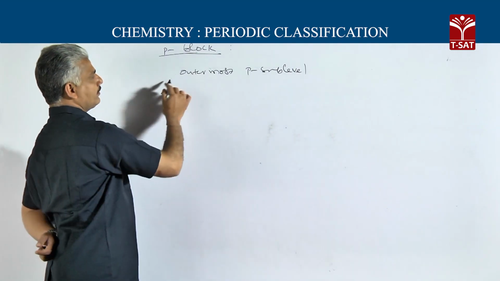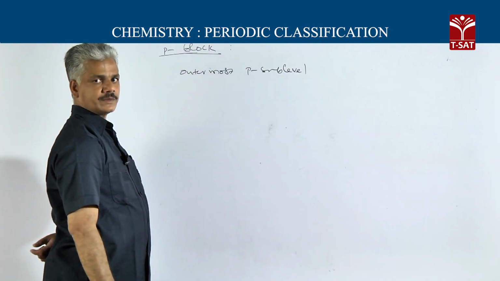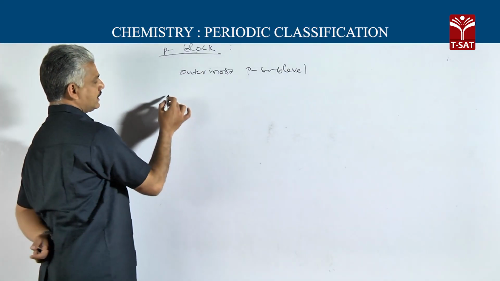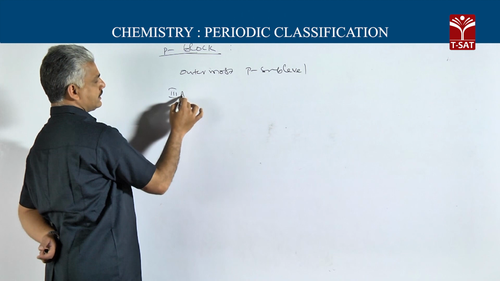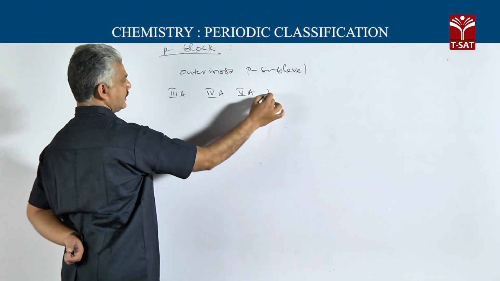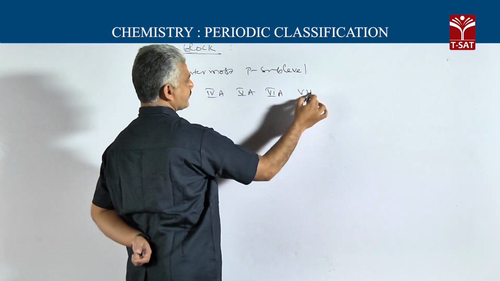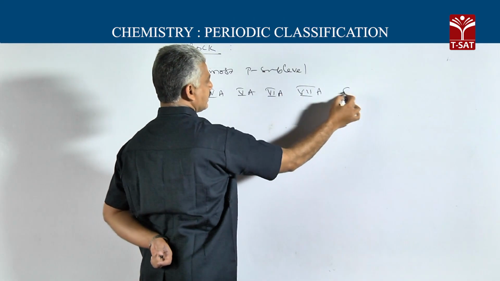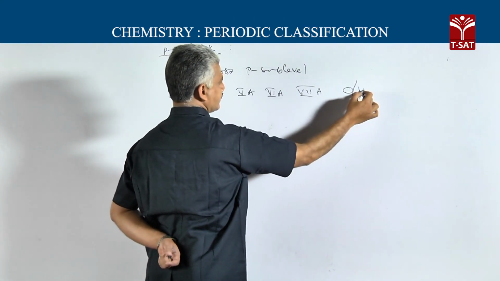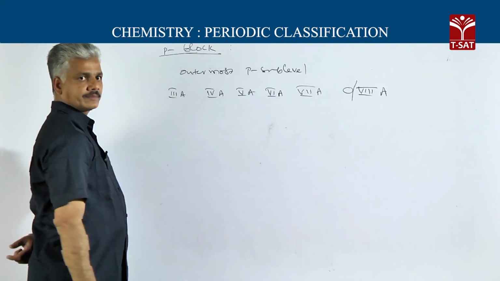Hence, in the p block, the number of groups present is equal to 6, and they are numbered as 3A, 4A, 5A, 6A, 7A and 0. 0 group is also referred to as the 8th A group.